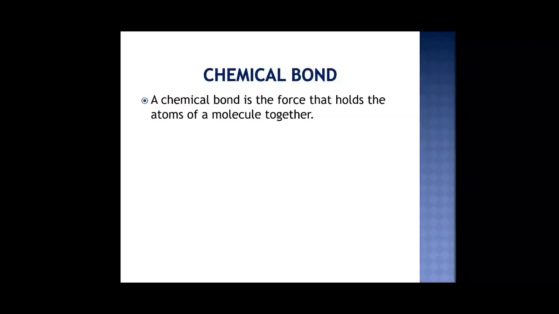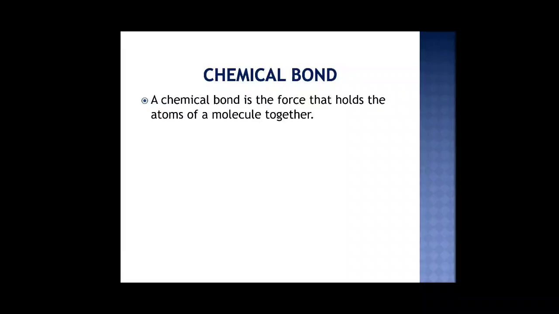A chemical bond is a force that holds the atoms of a molecule together. When a new compound is formed or any compound exists, why do two or three atoms of different elements attach together and be so stable? There is some kind of bond between them, some force that holds them together. This force is called a chemical bond. A chemical bond is generally represented by a hyphen. This we are going to learn in the following chapters.